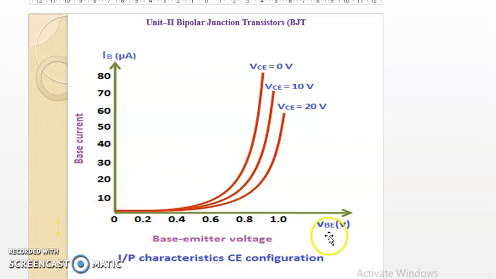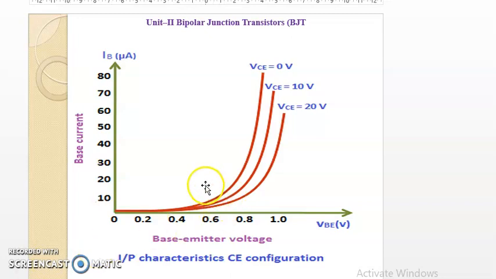Along the x-axis VBE is taken, along the y-axis the base current, I mean input current, in common emitter configuration. For particular constant values of collector voltage, we have recorded VBE and the corresponding base currents, and we plot such a graph. What is the difference between these three curves, that we have to note, and that is nothing but the study of input characteristics of a transistor.